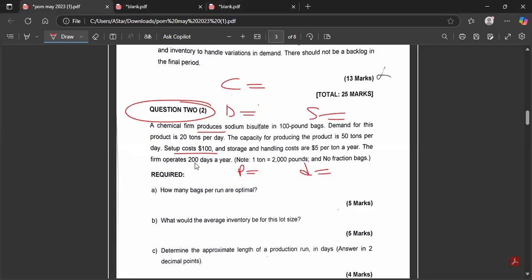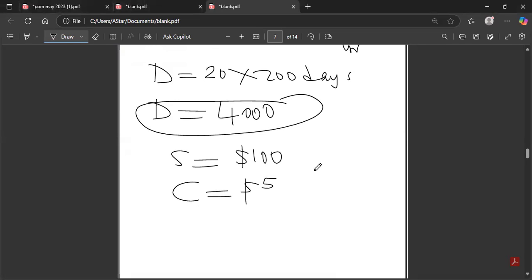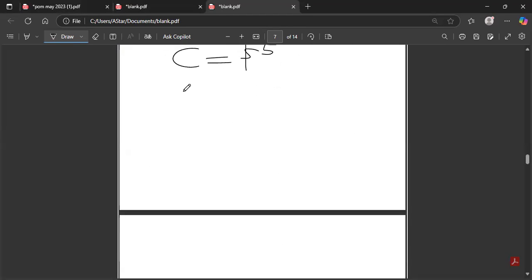Holding cost here is 5, quite all right. But what is holding cost? It's the cost of holding the stock, the inventory. But what are holding costs?